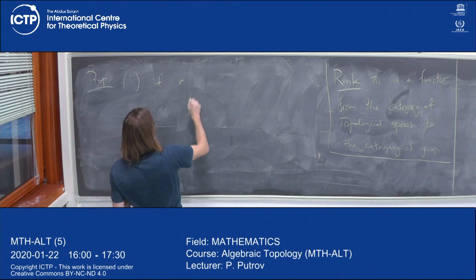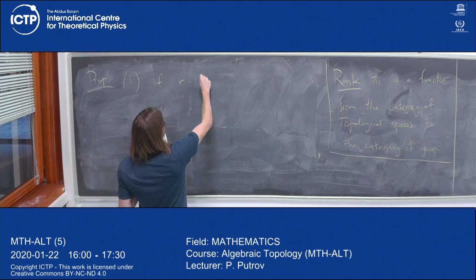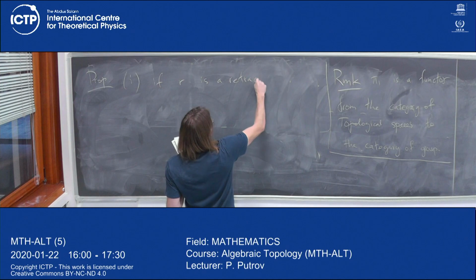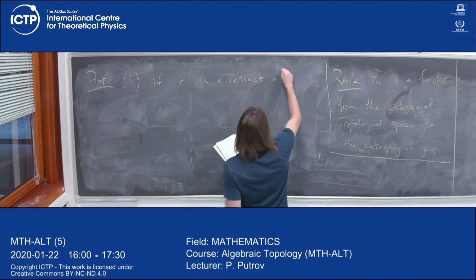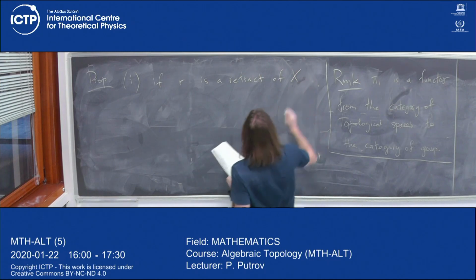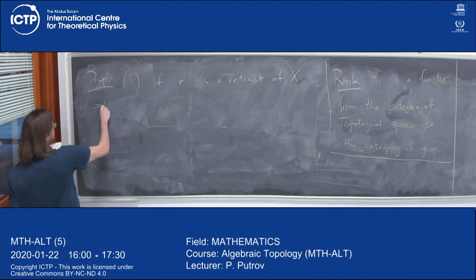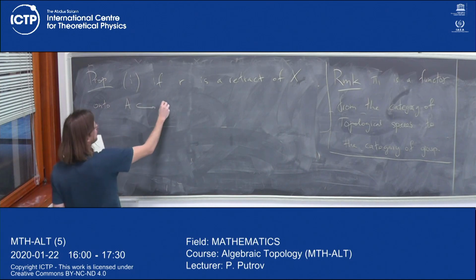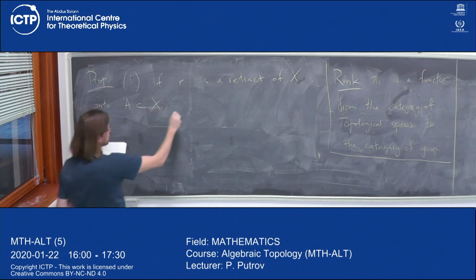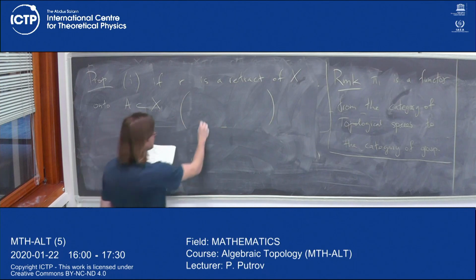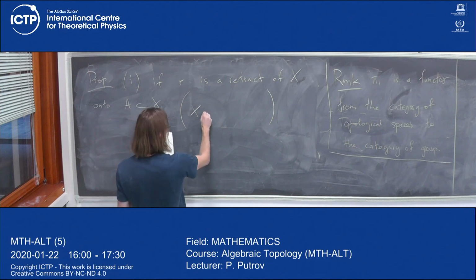Suppose A is a retract of a topological space X onto its subspace A. In particular, we can have in mind the following diagram.